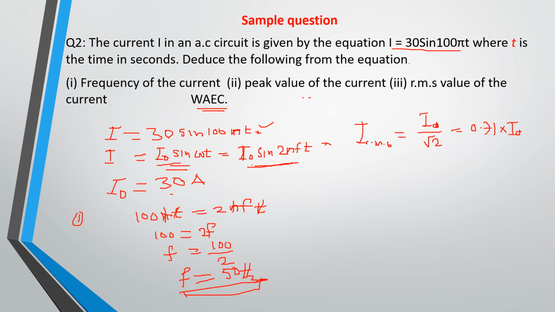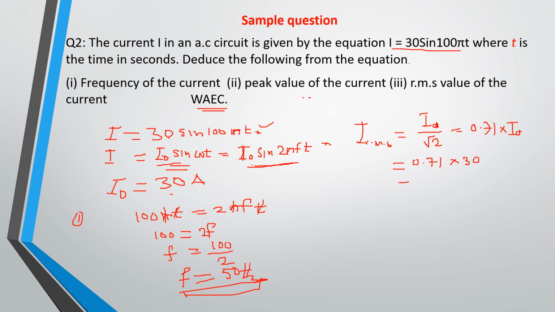Once you have this equation with you, you can solve. We know the peak value, so this is 0.71 multiplied by 30.